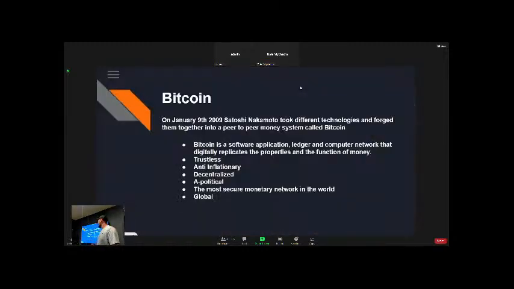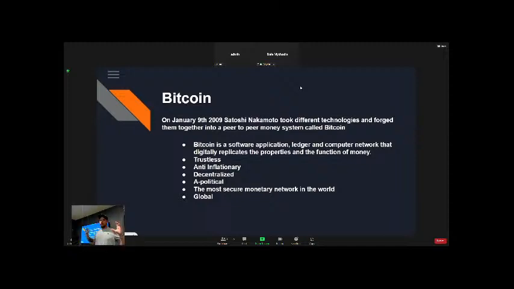And then we get to Bitcoin. What's different about Bitcoin? Bitcoin was invented or released in 2009 by Satoshi Nakamoto. He took different technologies that were already existing, such as public key cryptography, proof of work systems, and so on, to create a peer-to-peer money, and that's called Bitcoin.